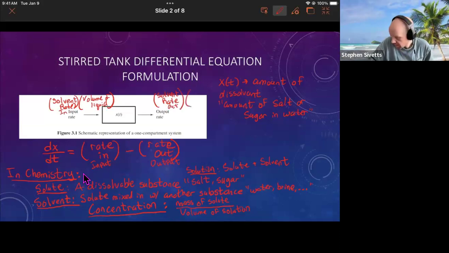And then you want to multiply that by the rate of the water or the liquid that's coming out, right? So that's the challenge.